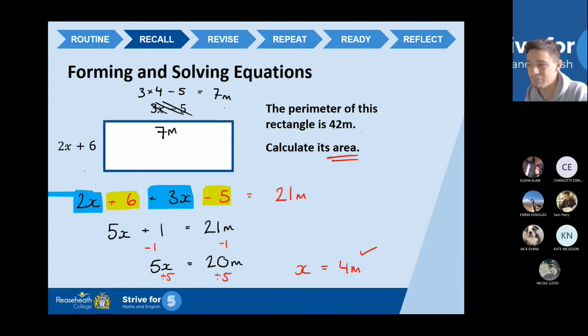Then we can do the same on the left-hand side. Instead of x, it's 4. So 2 lots of 4 is 8. Add 6 is 14. Now, I've realised with this question, I've put them in the wrong order because that is definitely not drawn accurately. But we've got the length and the width. We've got the 2 numbers that we need. How do you work out the area of a rectangle?